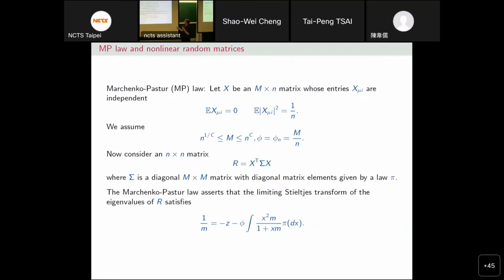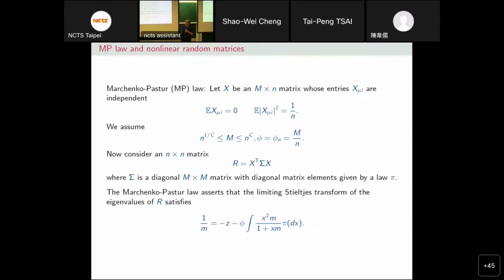You take a matrix X, which is not symmetric, but then you start from X transpose X. If you look at X transpose X, this becomes the sample covariance matrix. So Pastur asked the same question as Wigner, but in the case of the sample covariance matrix. Now, the Marchenko-Pastur law appears at least a few hundred times every year.